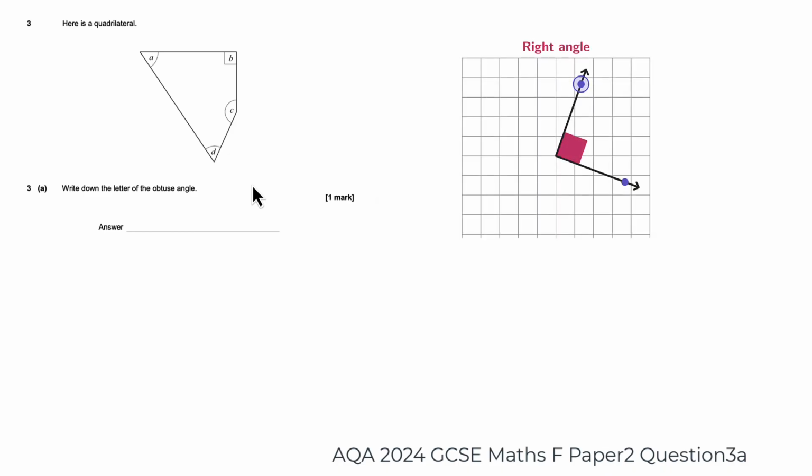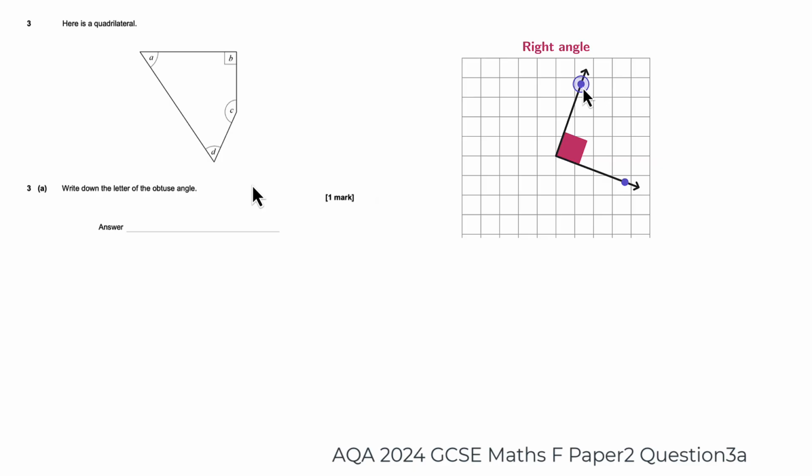So here we have a diagram showing a right angle. There's the 2 arms that make up that right angle. Now, any angle that's less than a right angle, and all these angles I'm showing you now are less than a right angle, they're all acute angles. So there's a right angle again.